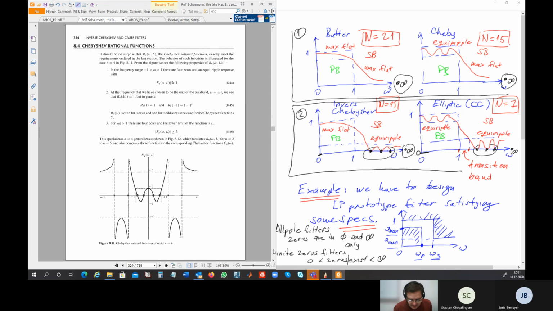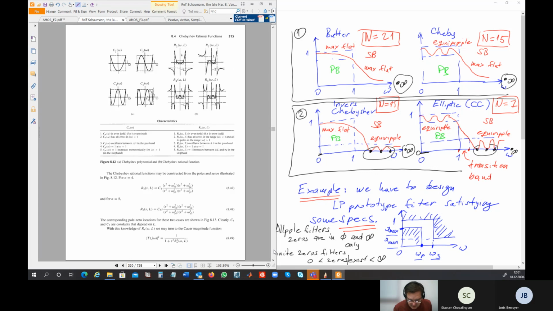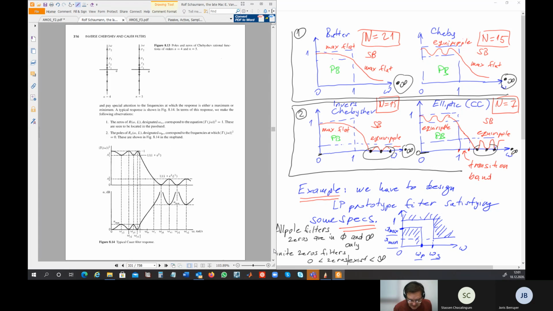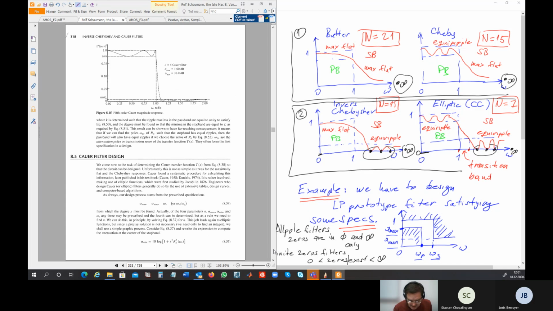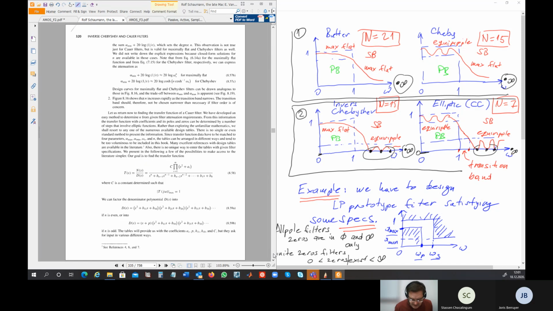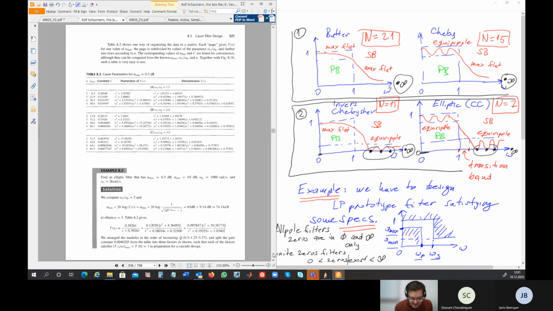And then at the end you can find how the design of the Cauer filter can be performed. And then at the end you have tables. Finally you have tables.